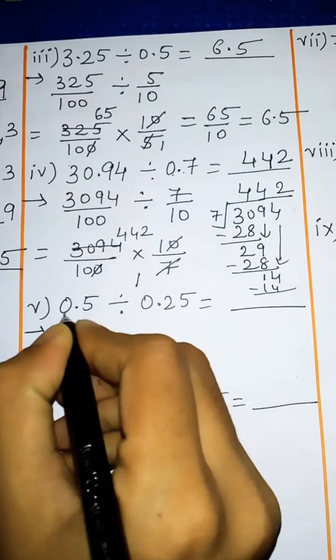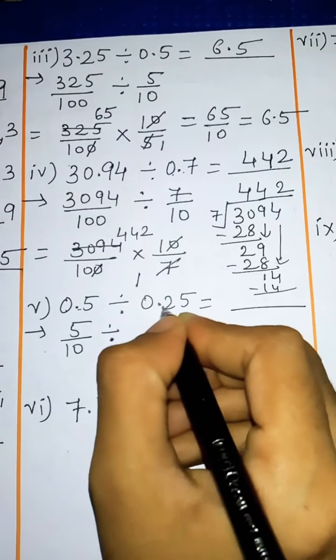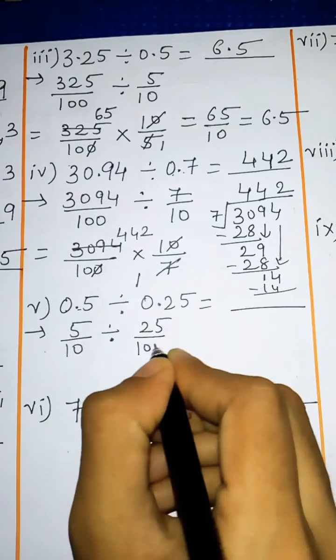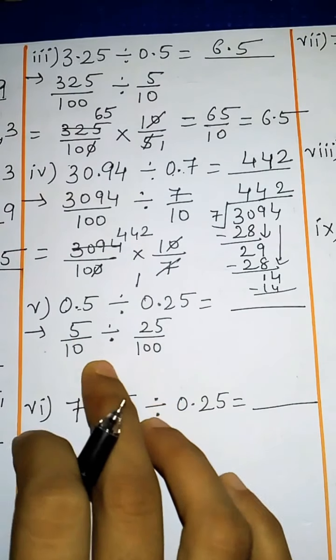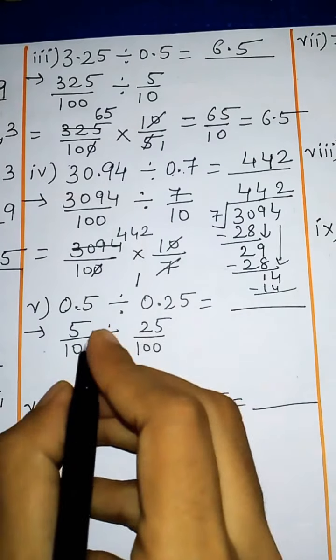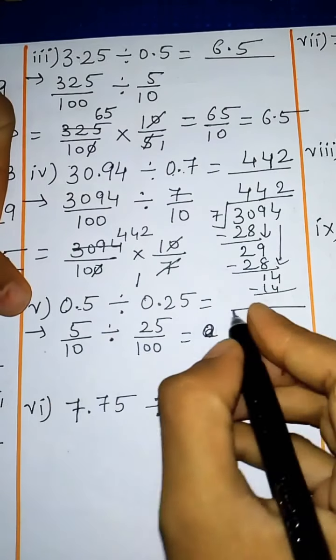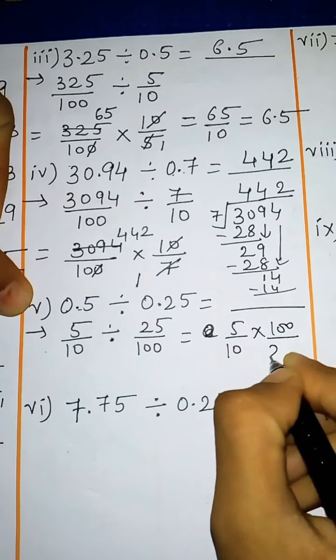Now the fifth one is 0.5. So it will be 5 upon 10, divided by 0.25, so it will be 25 upon 100. In the next step, changing the sign and taking the reciprocal, it will be 5 upon 10 into 100 upon 25.